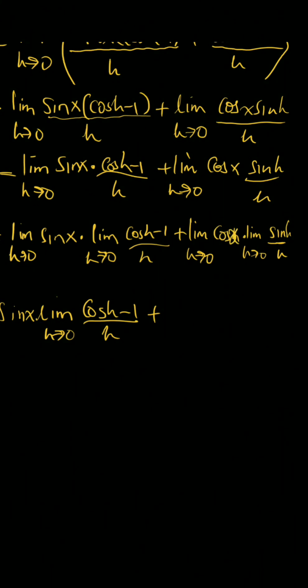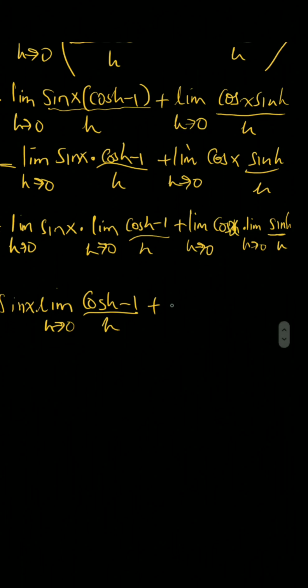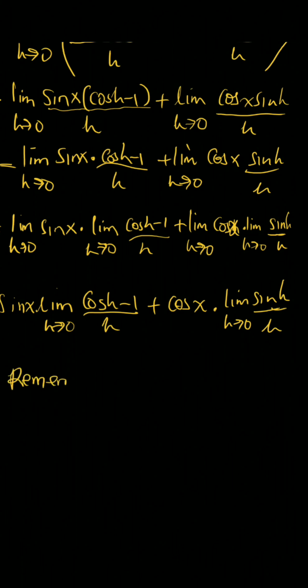Oh sorry, here is not supposed to be h but rather x, so this will be limit as h approaches 0 of cos x, which is just cos x, because there's no h in it, then to multiply with limit as h approaches 0 of sin h over h.